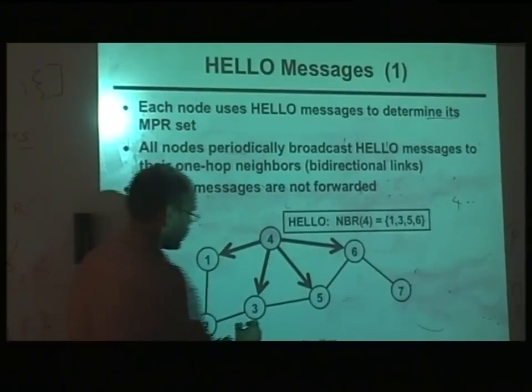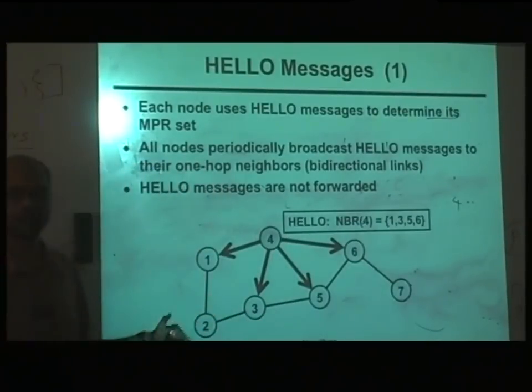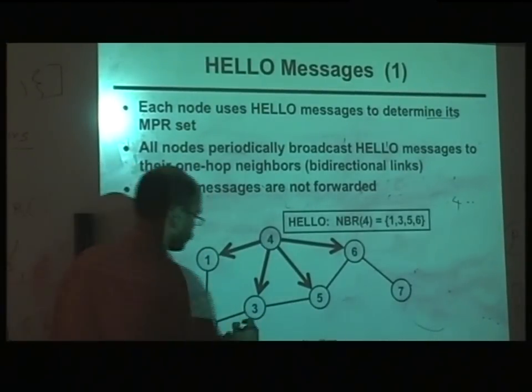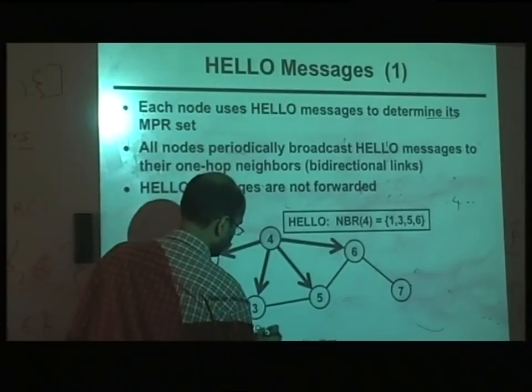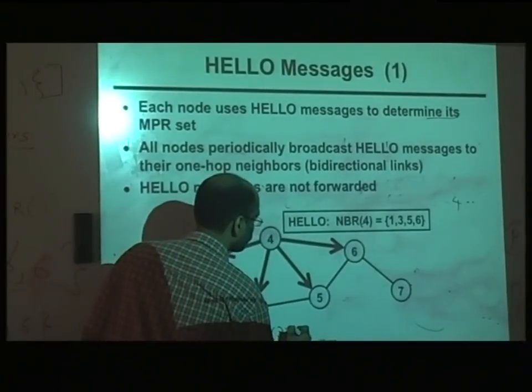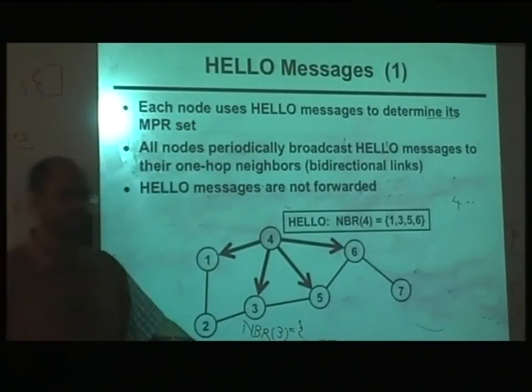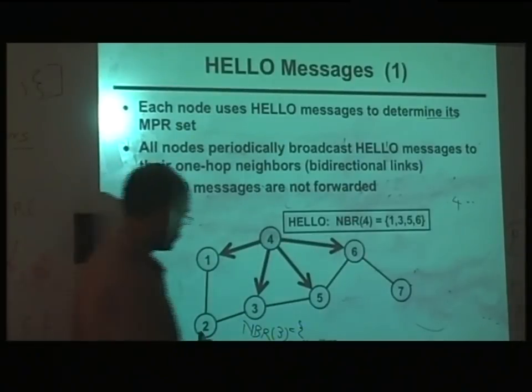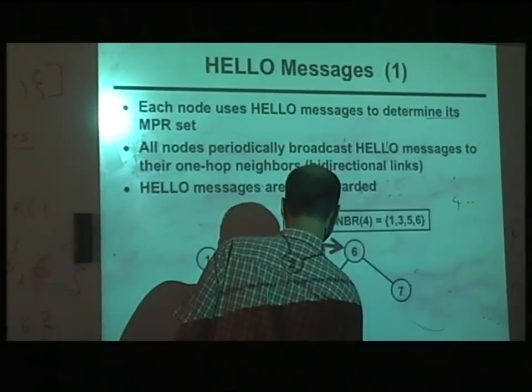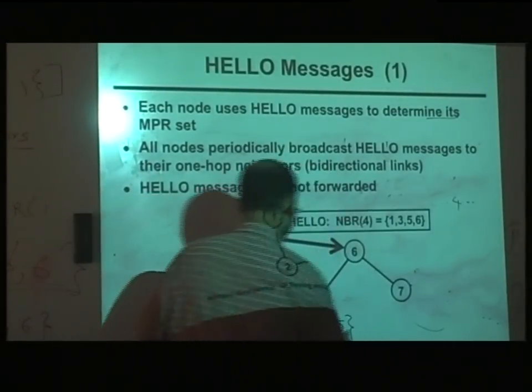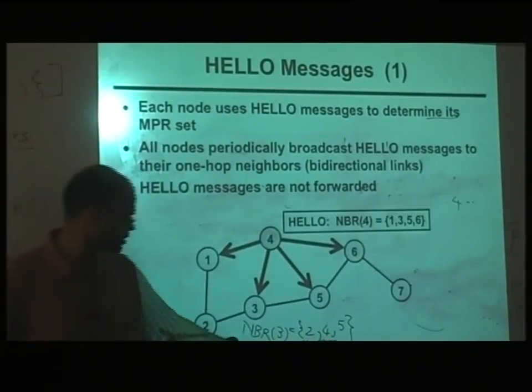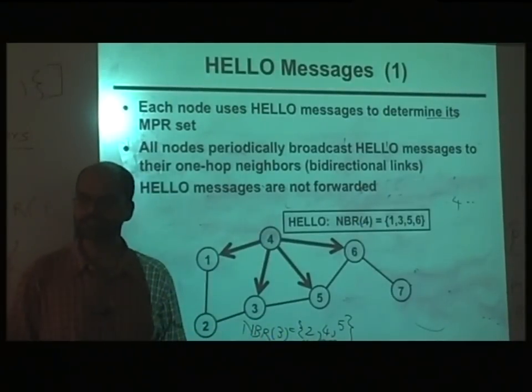So what will be the hello message of 3 at the end of the round? What is the neighborhood of 3? 2, 4 and 5. Right? And this it will include in its own hello message.